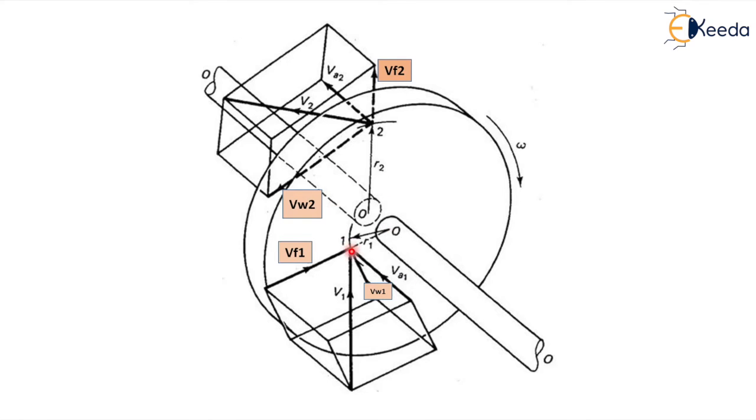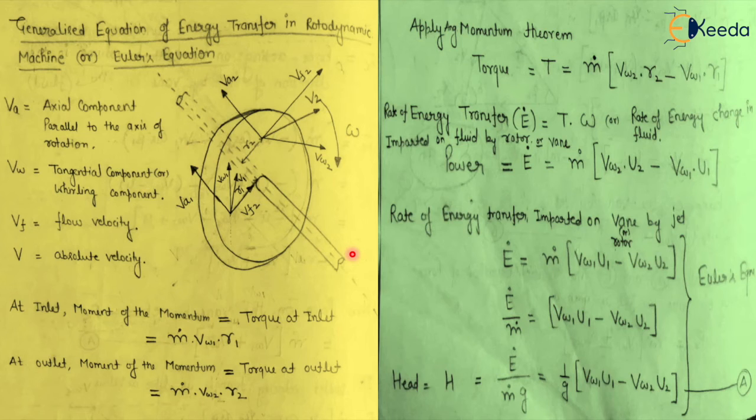That's why the velocity component VW1 is used to calculate the torque at the inlet. So m dot into VW1 into R1. Similarly, at the outlet we can write m dot into VW2 into R2.